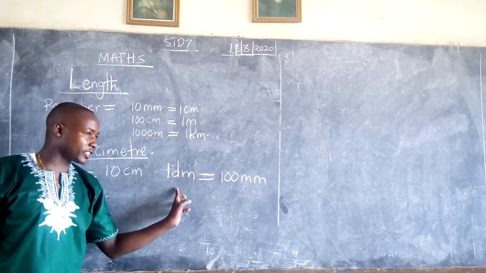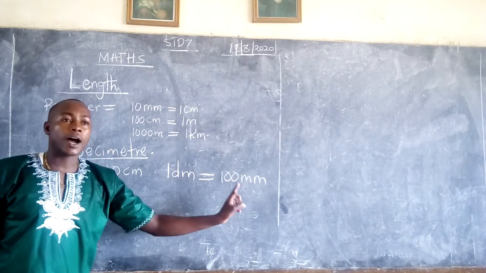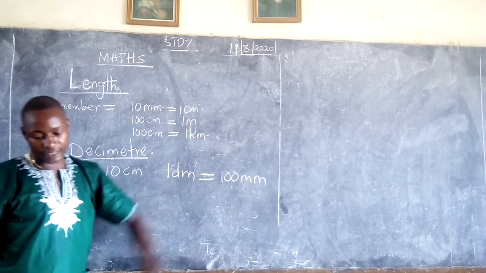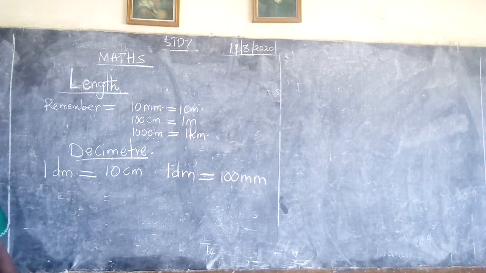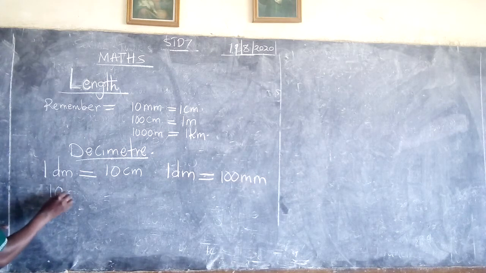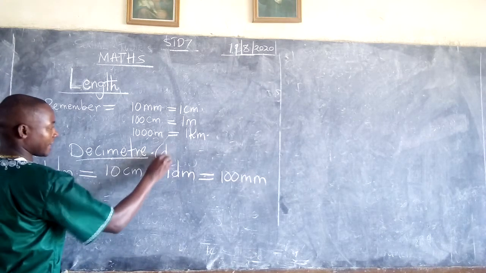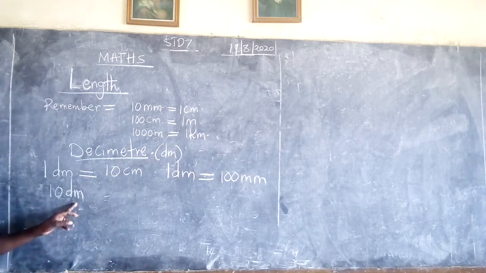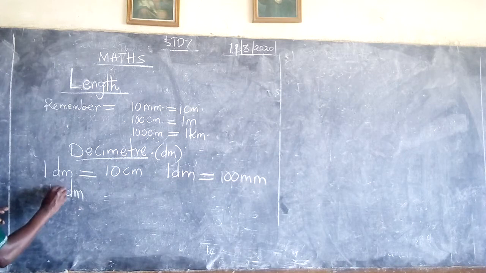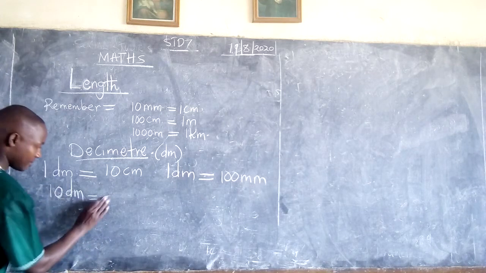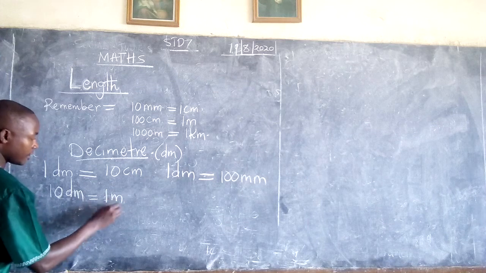So 1 decimeter is equal to 100 millimeters. Again, still on a decimeter, 10 decimeters, here it is dm, decimeters, is equal to 1 meter.